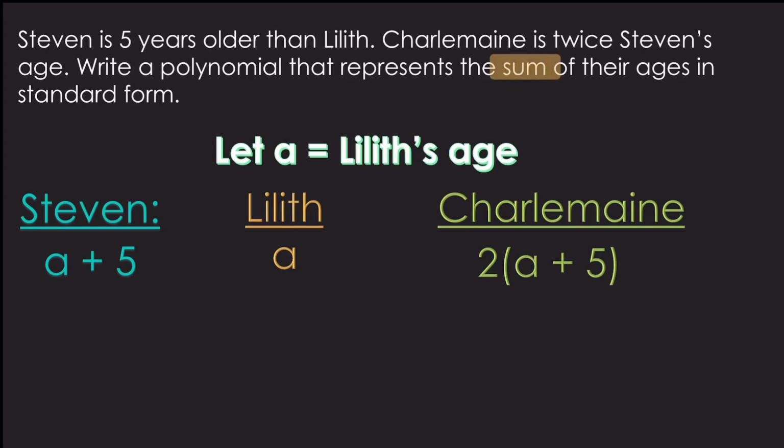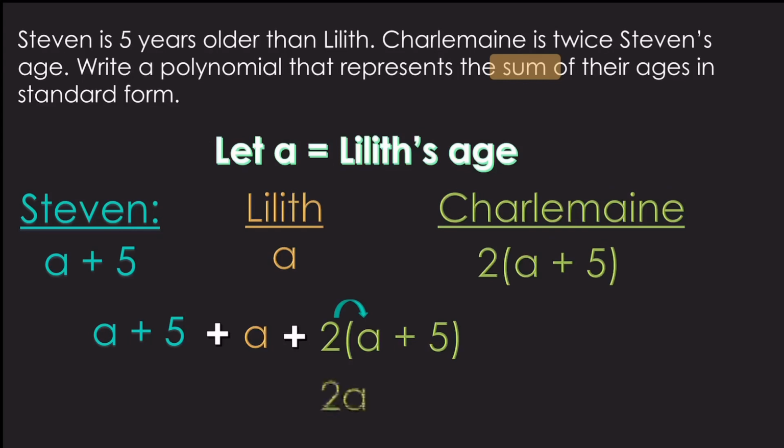It then said the sum. If you don't know it, we need to commit it to our memory. Sum means to add. So I'm going to add A plus 5 plus A plus 2 times A plus 5. Now there's a lot here. And before I can do anything, I need to distribute this 2. So I get 2A plus 10.